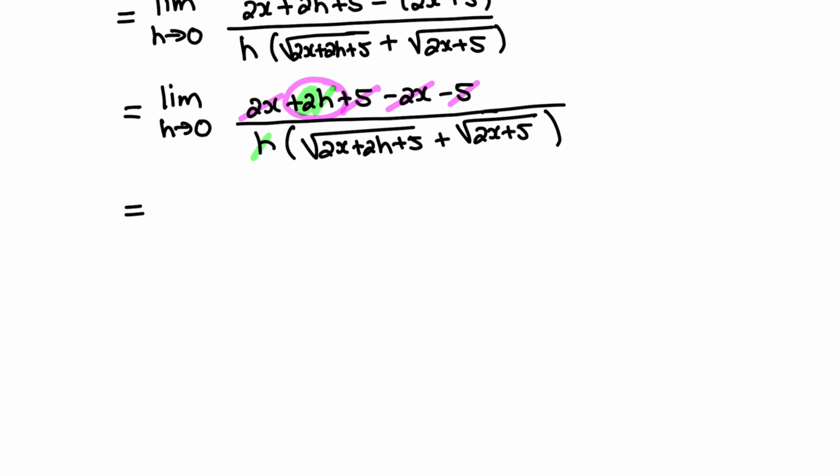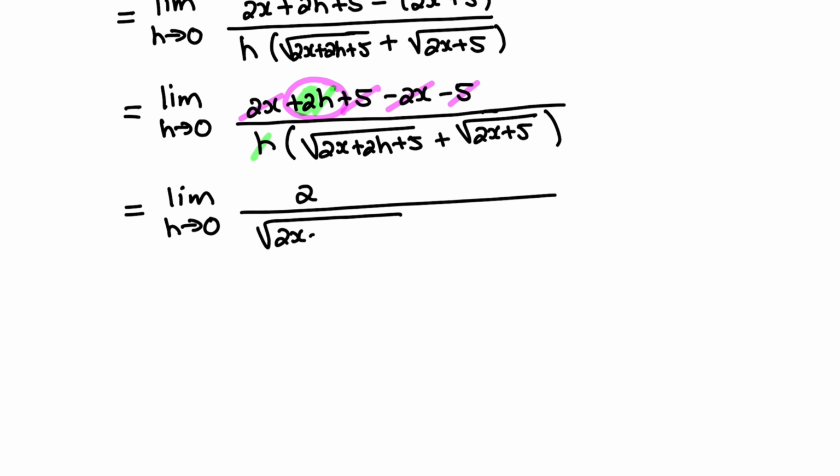So this becomes the limit of h towards 0, where we have 2 in the numerator, and in the denominator, we have the square root of 2x plus 2h plus 5 plus the square root of 2x plus 5. So remember, the h has cancelled out, so I'm not concerned about that anymore, and I have cleaned up my numerator.